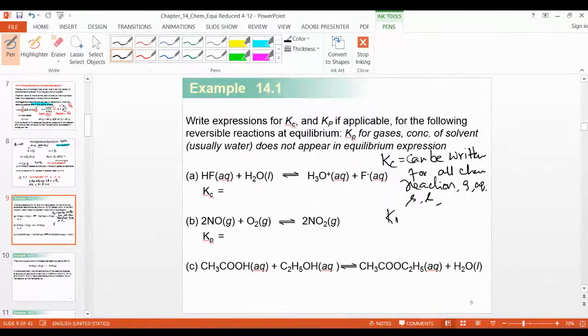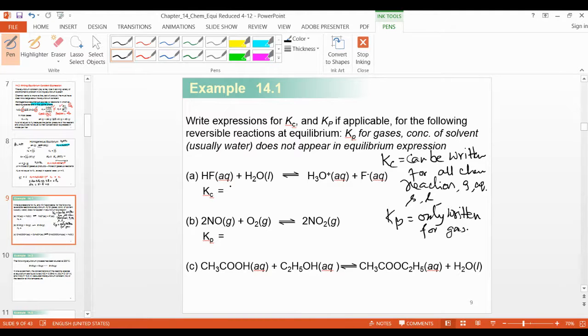But Kp is only written for gas. Remember that. You cannot write Kp for liquids and solids. You will write Kp only for gas.